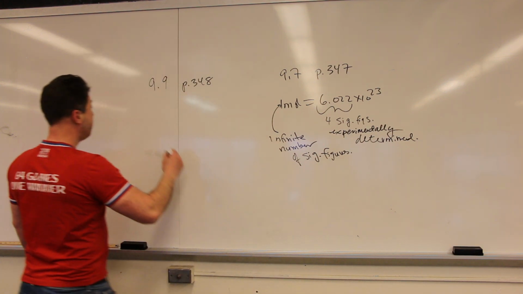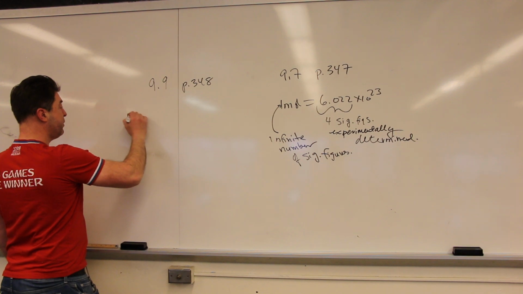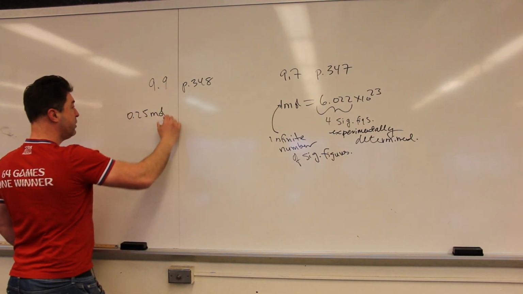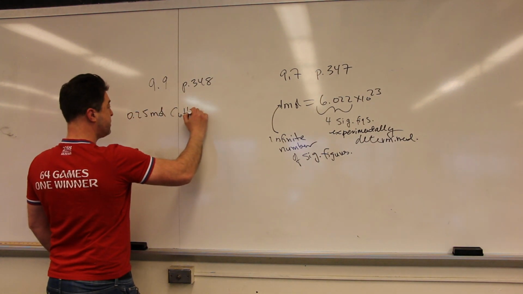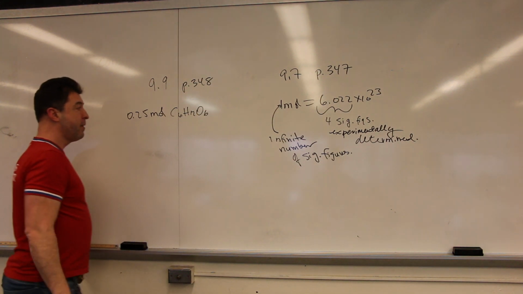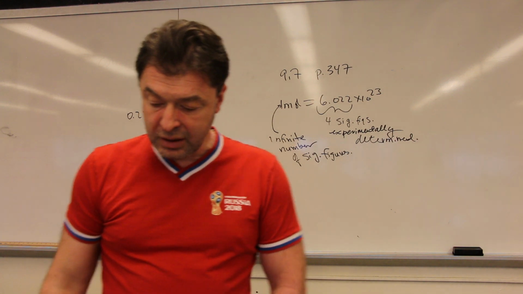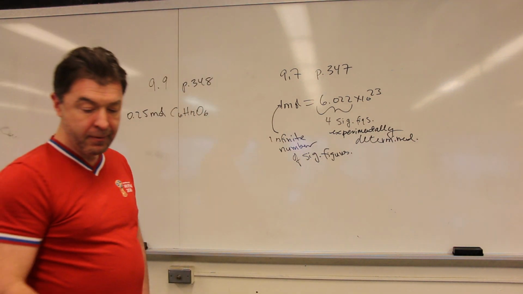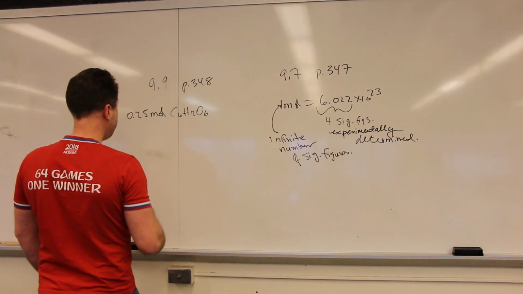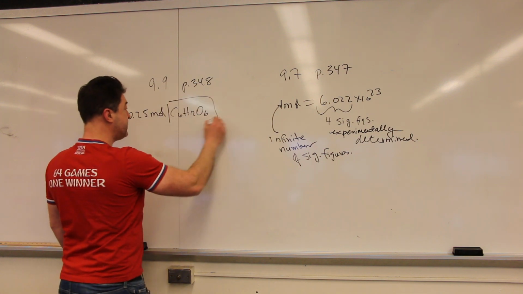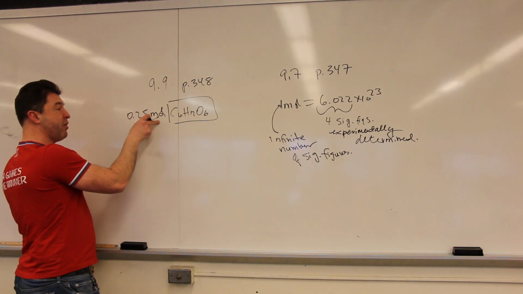So here, for example, if you're given 0.25 moles, let's say, of C6H12O6, the question is, what's the relationship between this compound, the elements in this compound, and this number of moles?